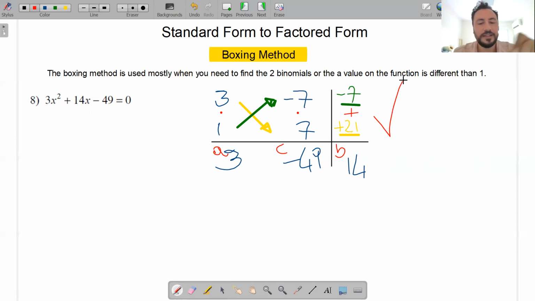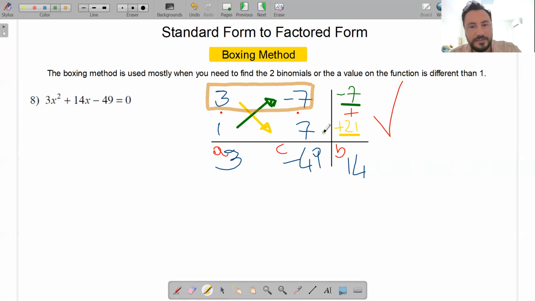Now, how do I write our binomial? That's even simpler because the binomials are already here. That's the first binomial, and this is the other binomial. What we need to do is just include x in the value where a was involved, so in this column.